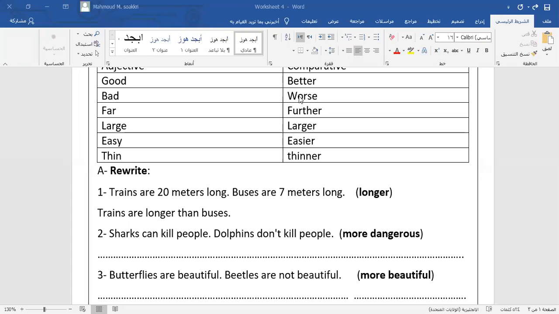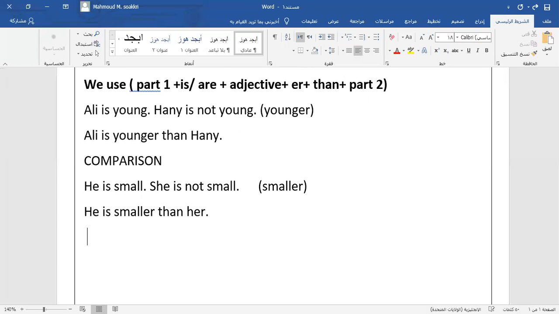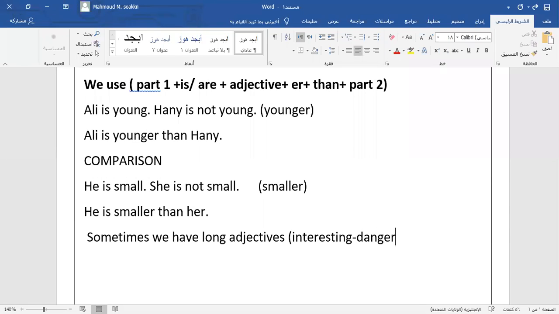Okay, Mazen, before you answer the question, let me share something with you. Sometimes we have long adjectives like interesting, like dangerous, like beautiful.